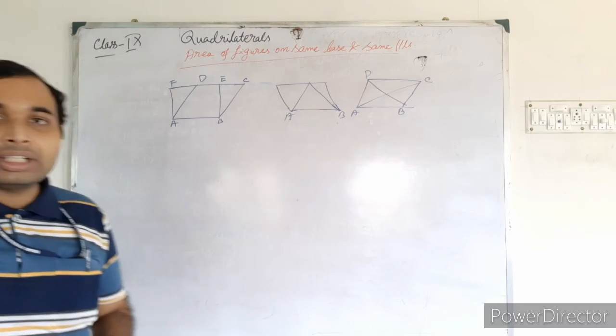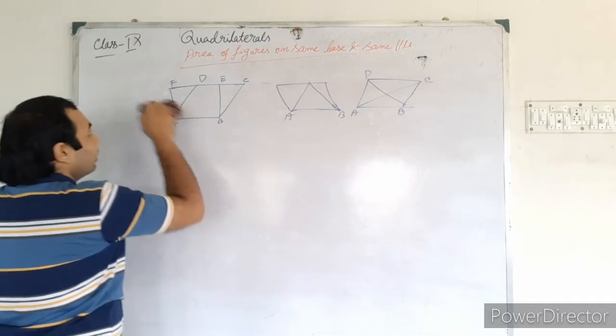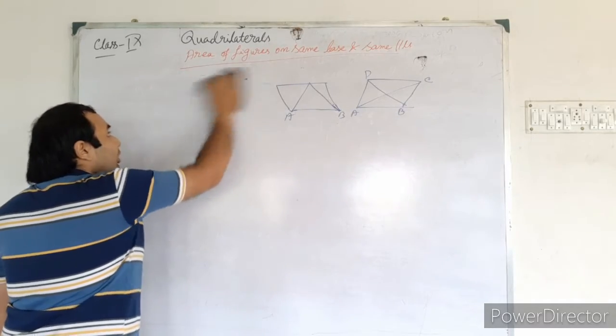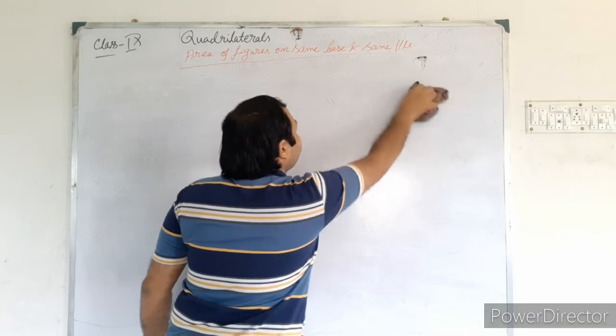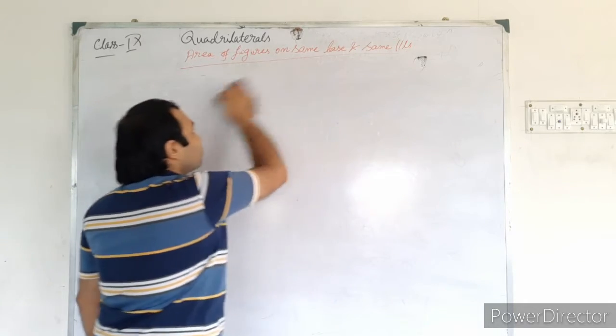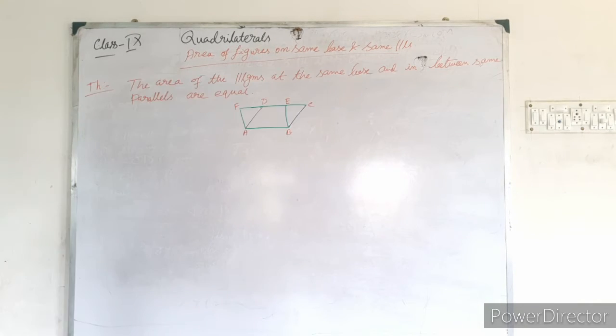Now students, let us discuss this figure first, that is, the theorems. Let us write the theorem statement first, after that the proof. This is the first theorem: the areas of parallelograms at the same base and in between the same parallels are equal.